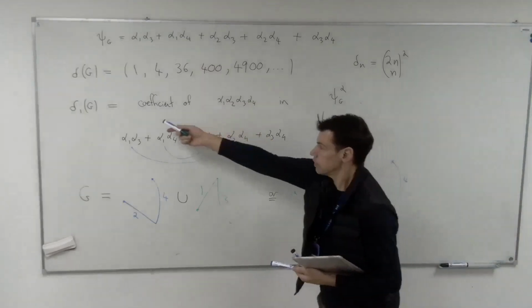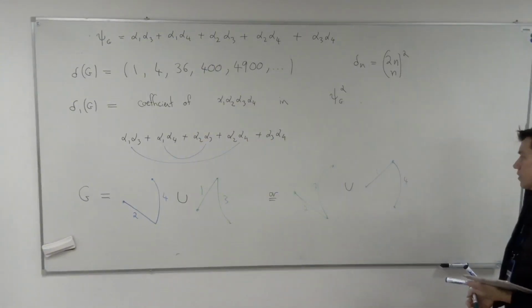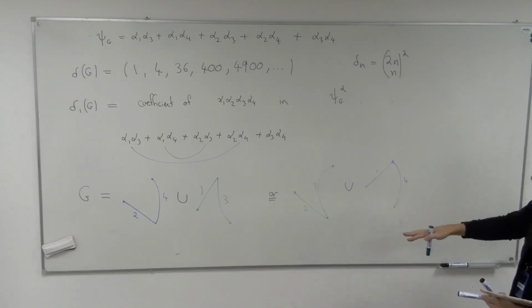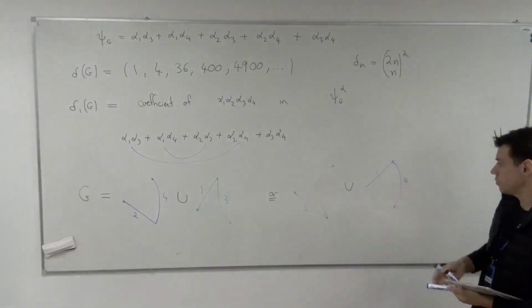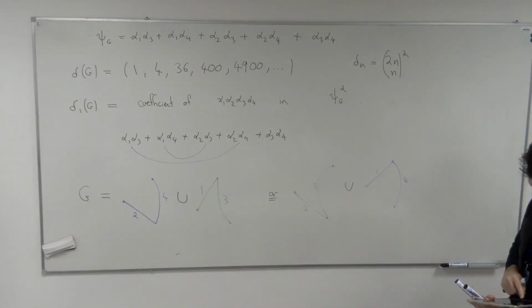So what this delta 1 is doing, it's counting how many possible ways we can cover the graph G with two disjoint spanning trees.